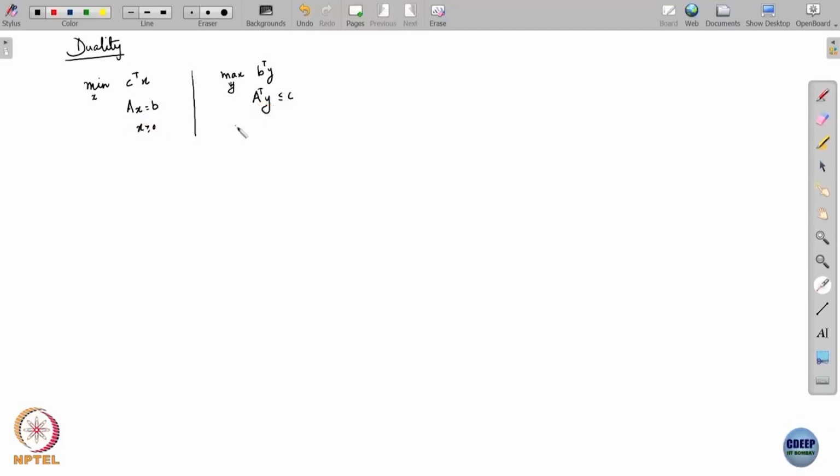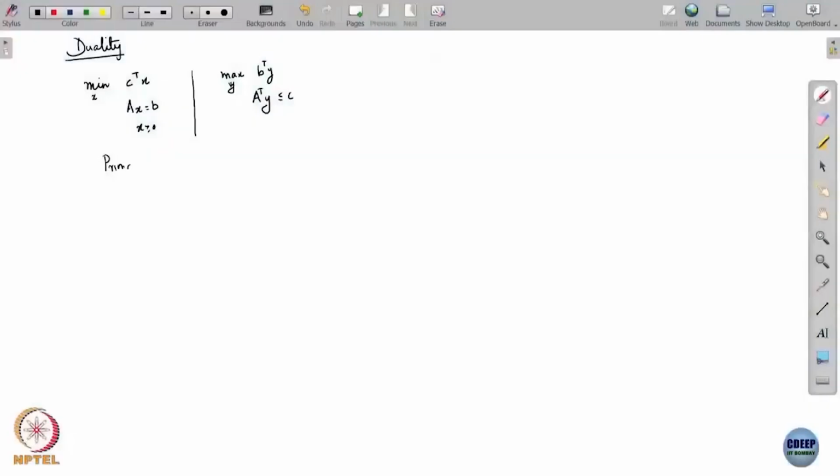So, the LP on the right hand side is very specifically crafted to have this kind of structure, and we will soon see what the connection is with the one on the left. The one on the left we will call the primal LP, and the one on the right would be called the dual.